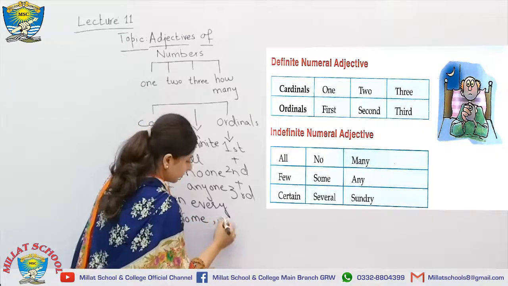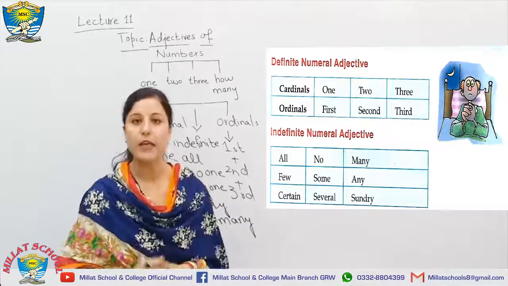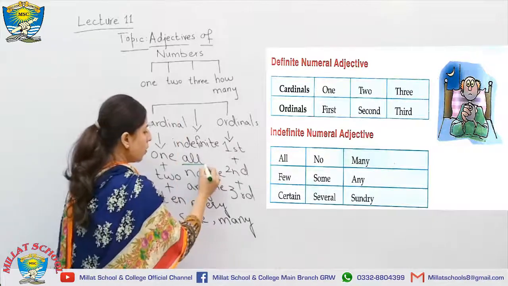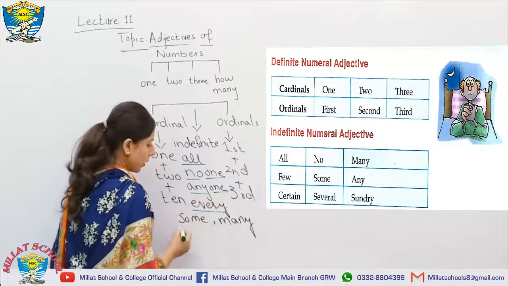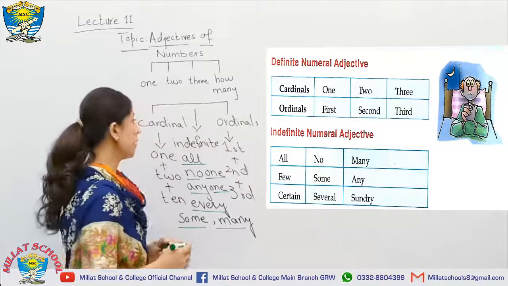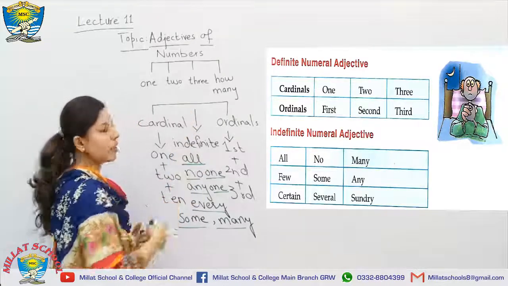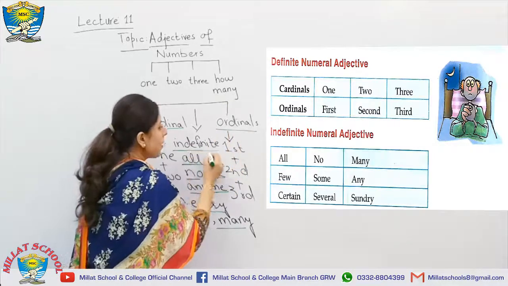So let's highlight some of the indefinite adjectives of number. For example, all, no one, anyone, every, some, many. These are all indefinite. So let's see how many categories we have of the adjectives of number: cardinals, ordinals and indefinite.